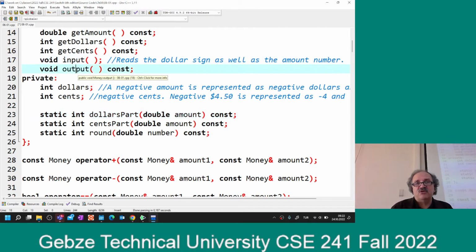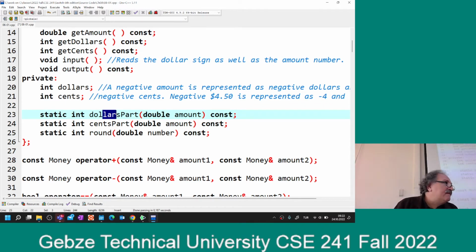Why? Because there is no object in it, right? But I may define a temporary money object in my dollars part function, and I call its input and output, no problem. So you cannot call it on my object because this dollar part doesn't have any my object thing.